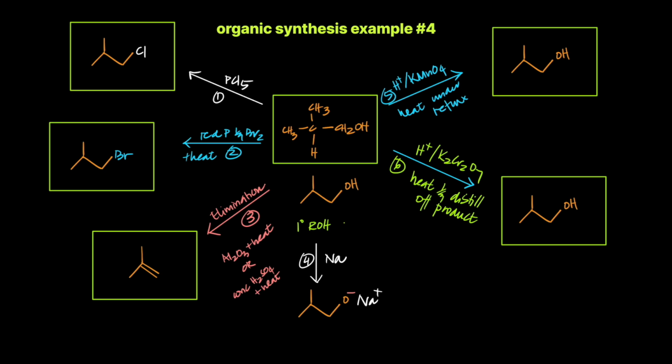KMnO4 with heat and reflux will convert the alcohol into a carboxylic acid. So this will become a double bond and OH will add on, COOH. But with dichromate and distilling off the product, the primary alcohol doesn't become an acid, it just becomes an aldehyde, like that. And that's the aldehyde.